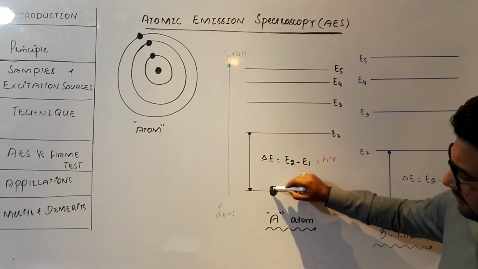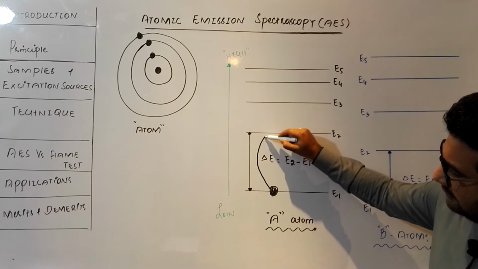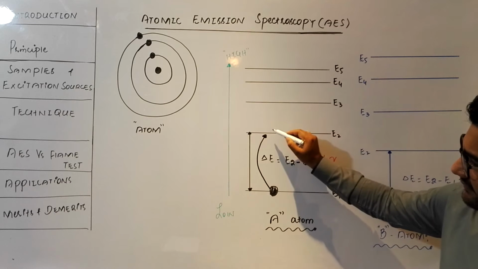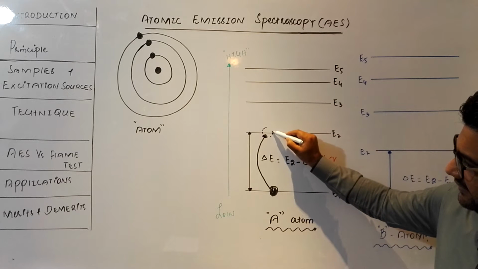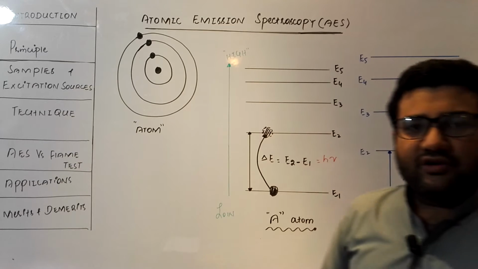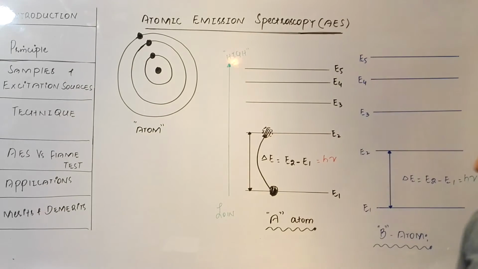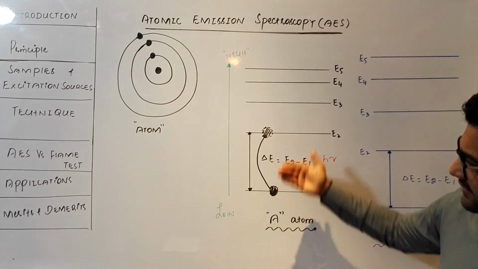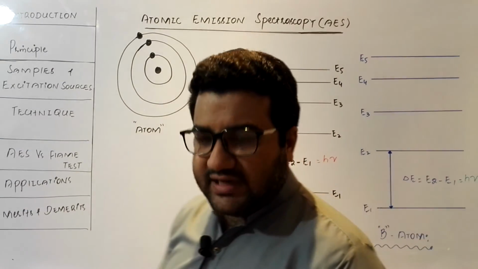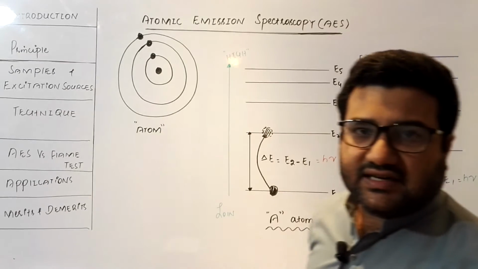And this electron will move, suppose, from the first energy level to the second energy level by absorbing a certain amount of energy. When an electron moves from a low energy level to a high energy level, we say that the electron is excited. So this is excitation of the electron.